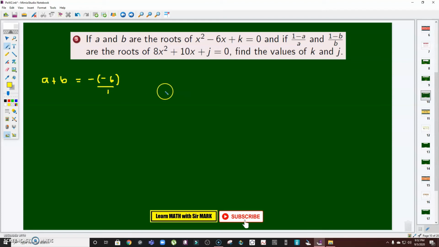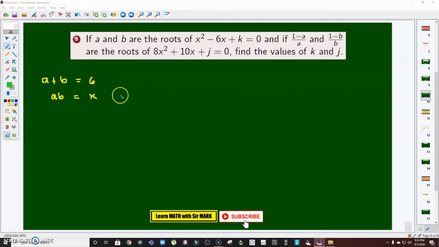That is negative of negative 6 over 1, so that's simply 6. Next, another relationship is that the product of the roots, which is a times b, is equal to the ratio of the constant term to the coefficient of the quadratic term. So that is k over 1, or simply k. There you go. See that?